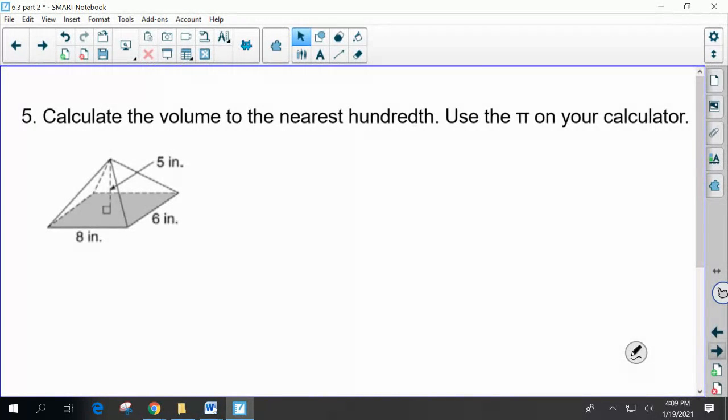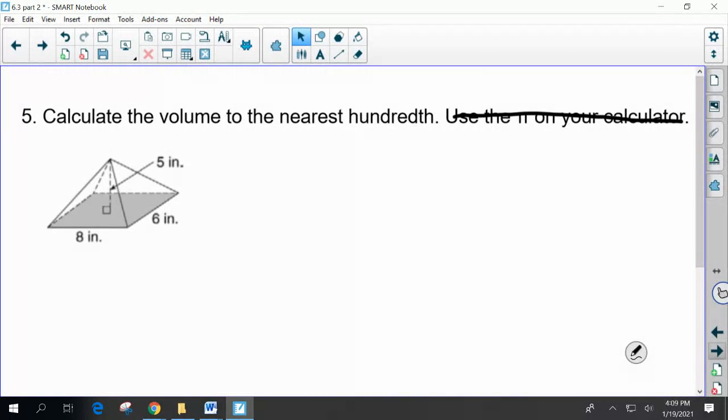Okay, number 5, I would like you to pause your video and calculate number 5. This is a square pyramid or a rectangular pyramid, so the pi is not relevant.